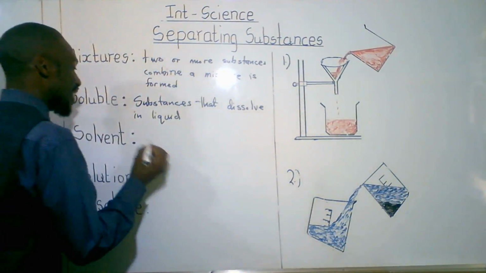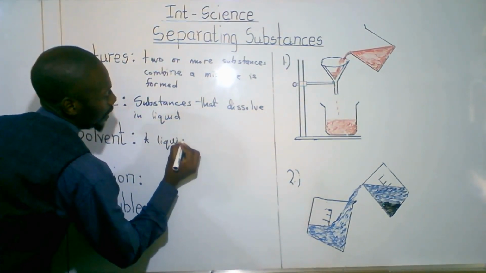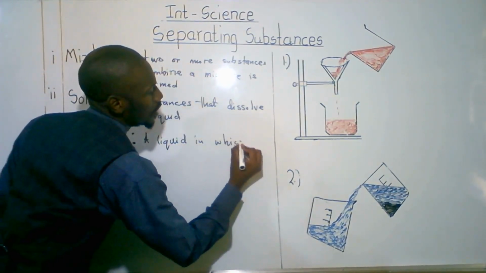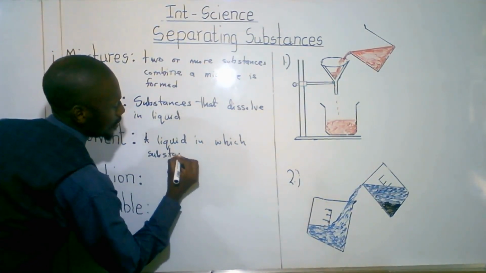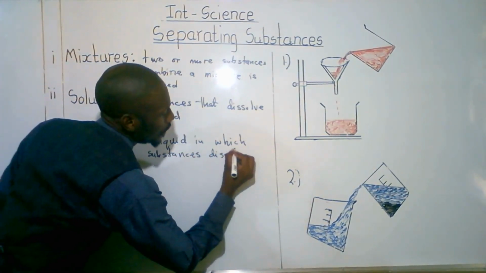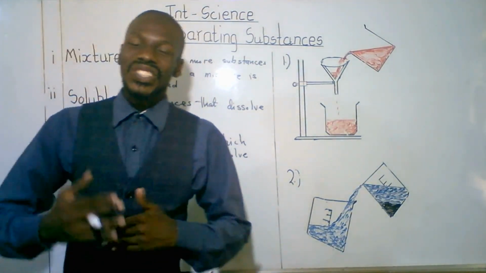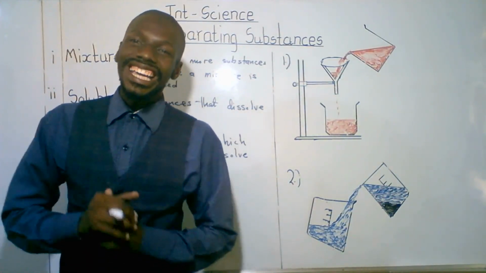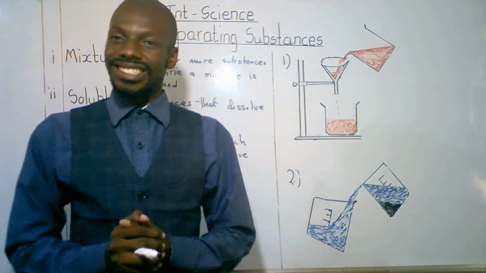An example we can give is water. Water is a solvent. Water dissolves different types of things.